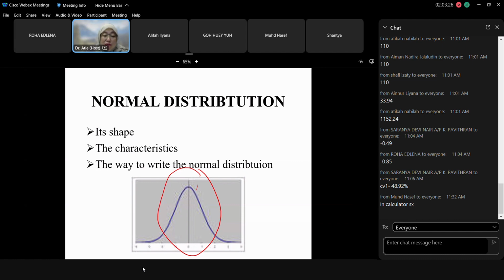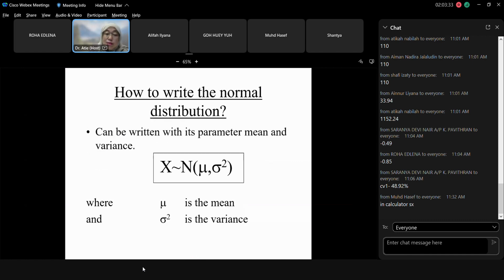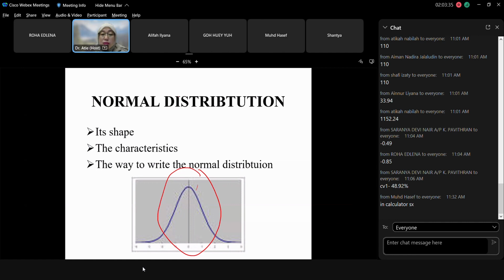Okay, before we go further, I just want to make some revision on probability. So probability, we can represent it by P(x). P means probability. X can be any event, right?